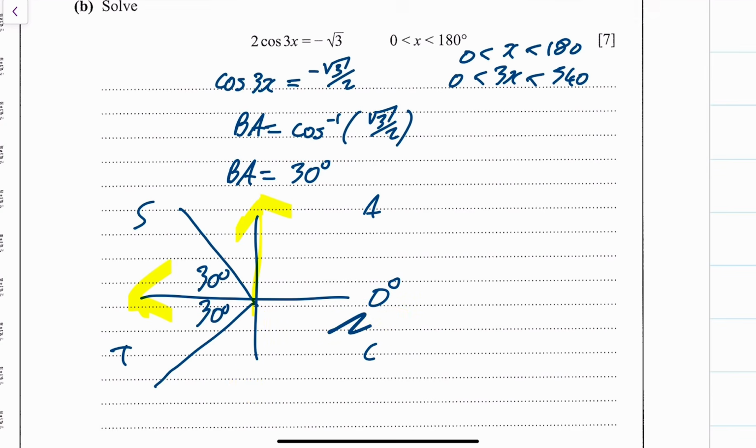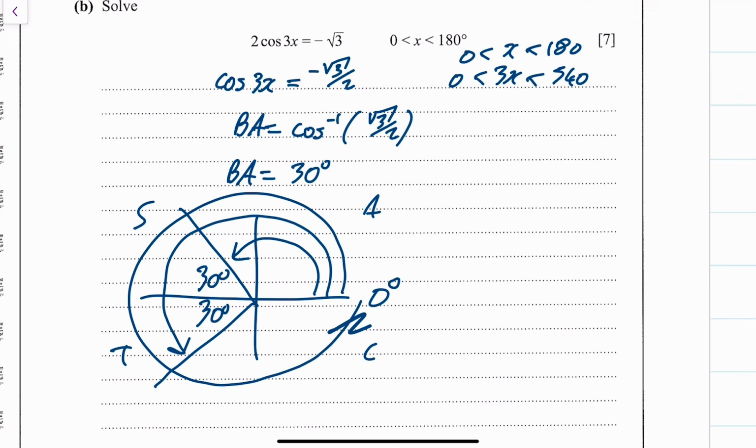That's exactly as I would label it in a diagram, and that's fine. So the first angle I come to is around here. The next angle I come to is around here. So that's only within 360. So I'm going to have to go round another time and again. That would take me around to 540. So I've got those 3 angles.